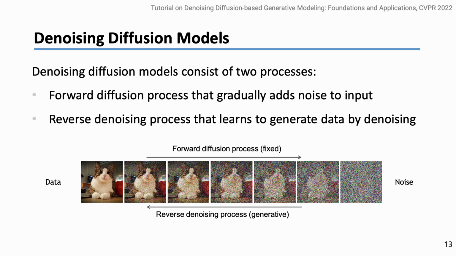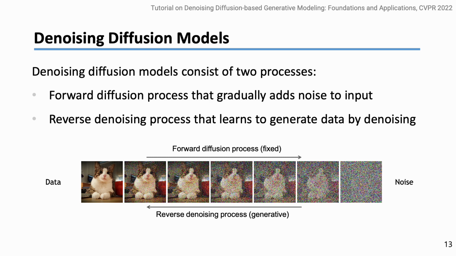A diffusion model consists of two processes. The forward diffusion process gradually adds noise to the input. This process is shown in this figure from left to right. It starts from the image of a cat and adds Gaussian noise to the image at each time step. The forward process does this in so many steps that eventually, on the right side, we reach the white noise distribution.